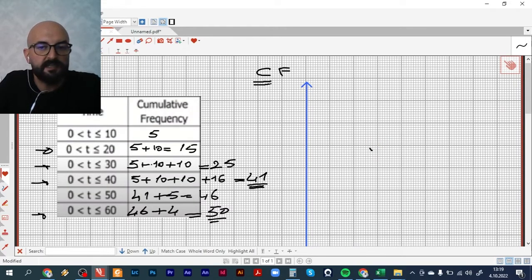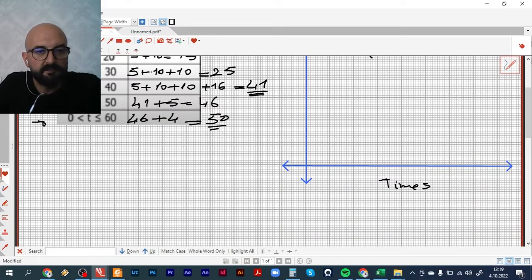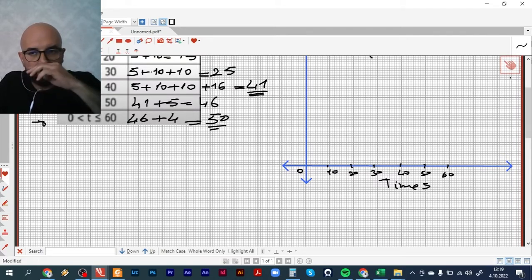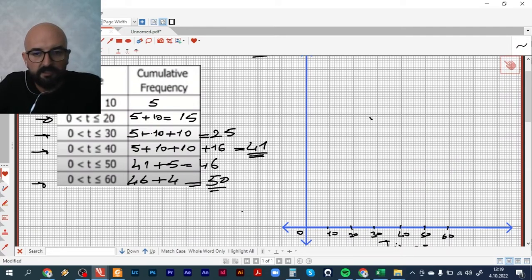Our values are 0, 10, 20, 30, 40, 50 and 60.